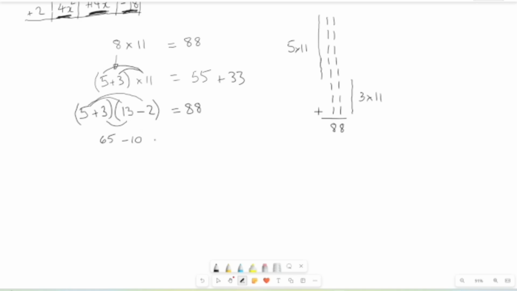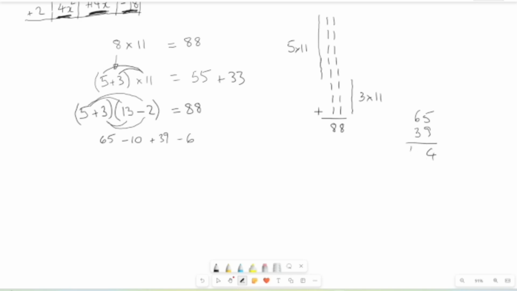3 times 13 gives us plus 39. And 3 times minus 2 gives us minus 6. And if we add these up, let's do the adding first. Do that over here. 65 plus 39. 9 and 5 is 14.